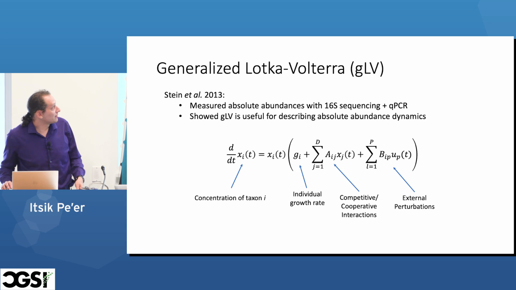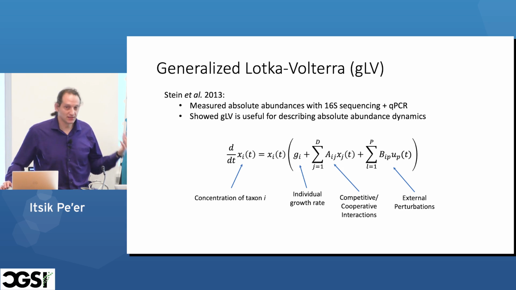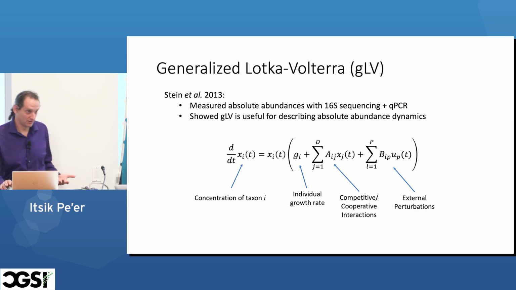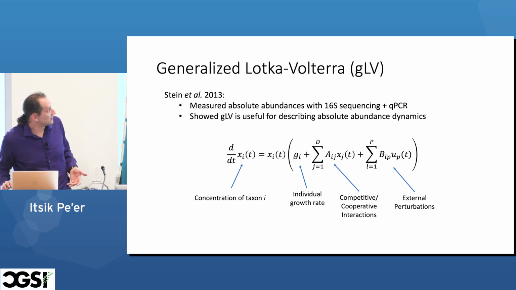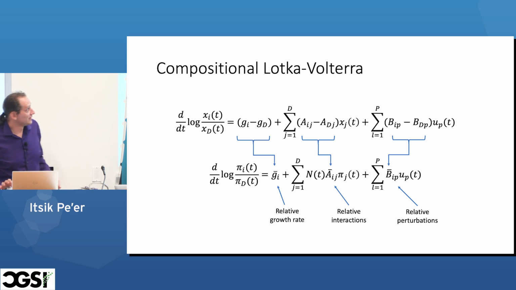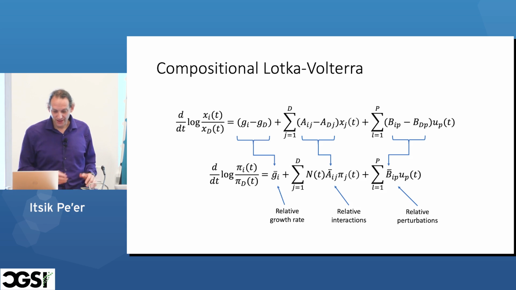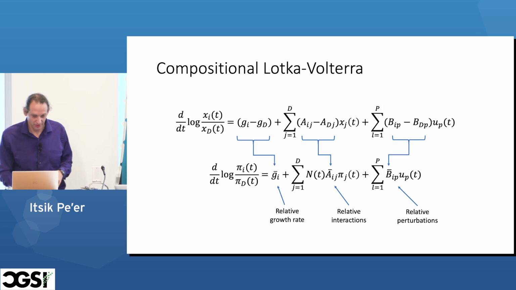So this is the kind of equation that makes sense in absolute abundances. Unfortunately, we typically don't have these absolute abundances, so we need to change these equations and create a compositional version thereof.